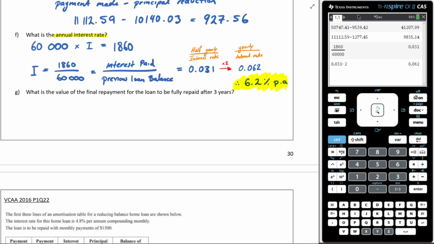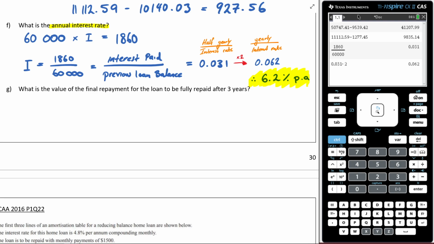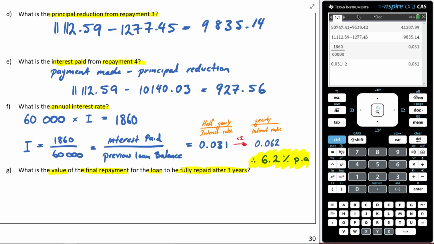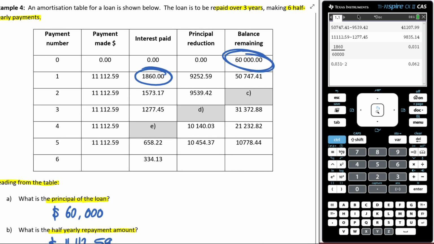All right, let's keep on going. The last one, G, says, what is the value of the final repayment for the loan to be fully repaid after 3 years? So what they're asking me to do now is find out what my final repayment is going to be.